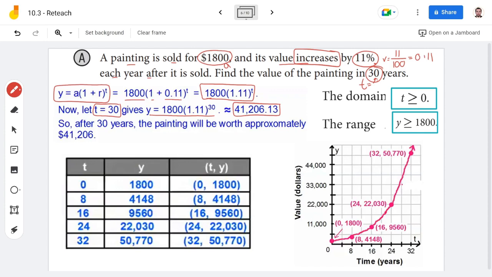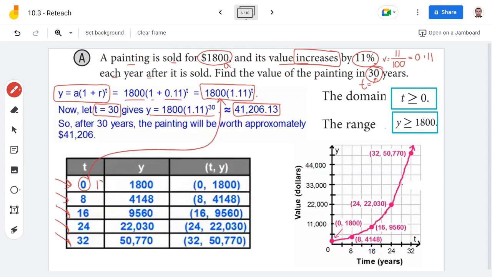It's up to you. Now make your table. Pick random values. Now you have to plug these values into this function.